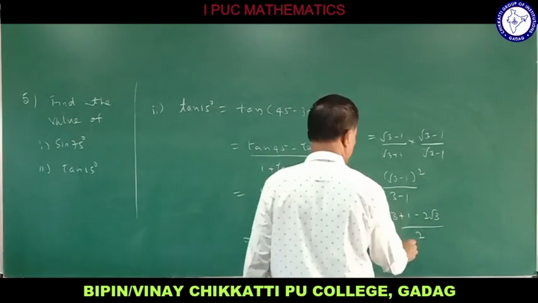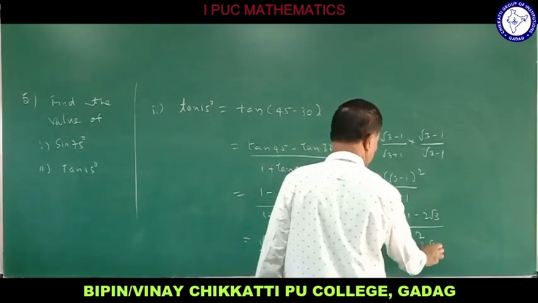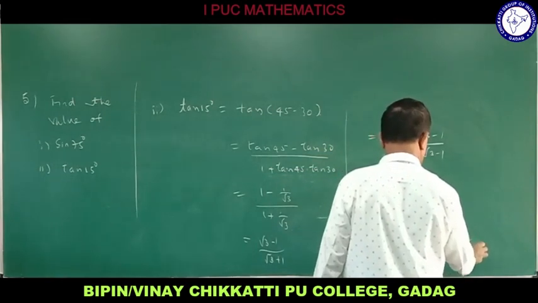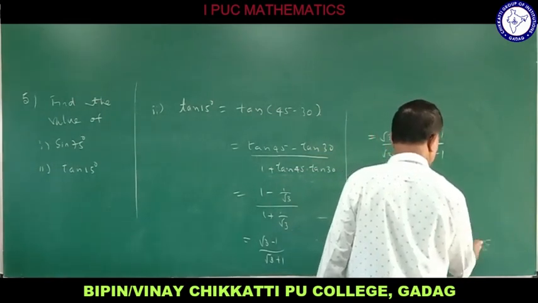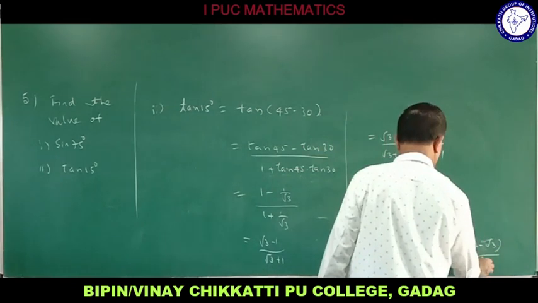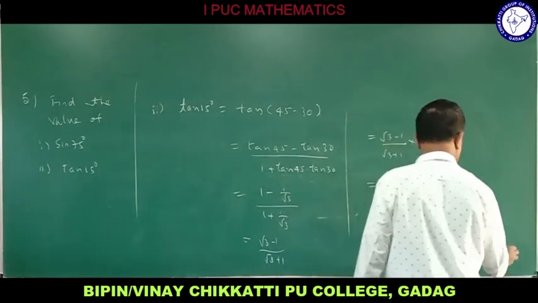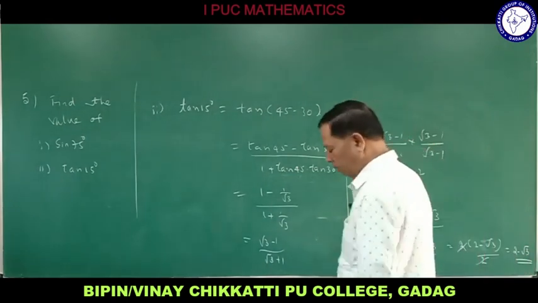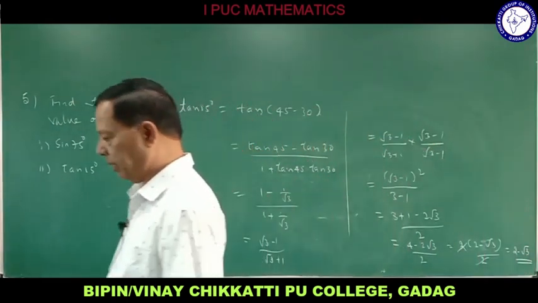And 3 plus 1 is 4, so 4 minus 2 root 3 divided by 2. What is common in the numerator? 2 is common. 2 minus root 3 divided by 2. 2 cancels. The final answer you have got is 2 minus root 3, the value of tan 15 degrees.